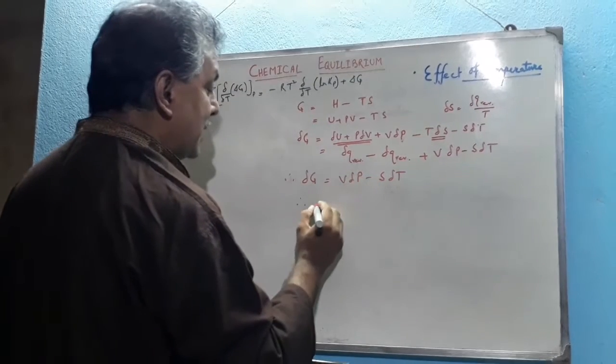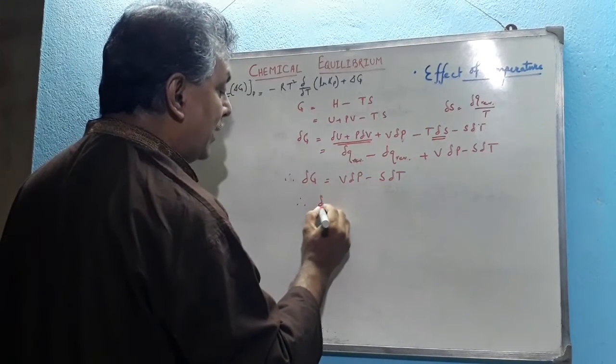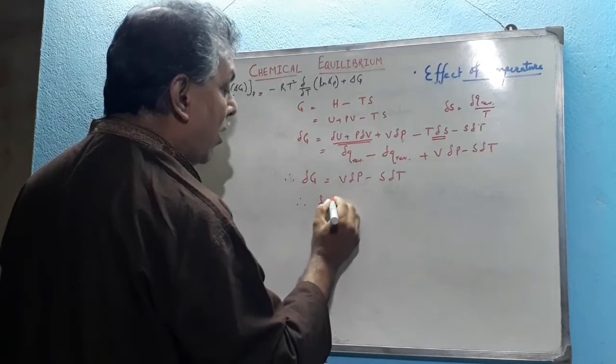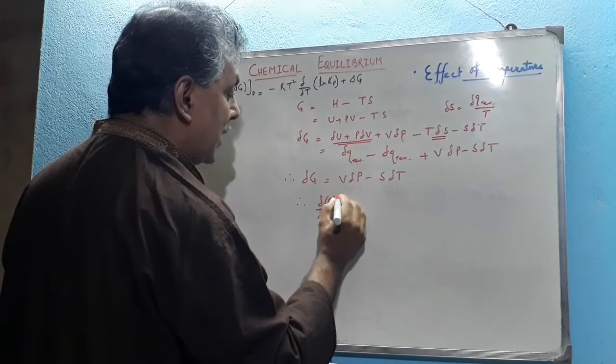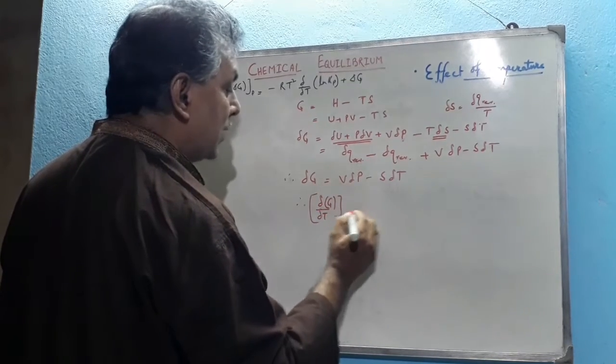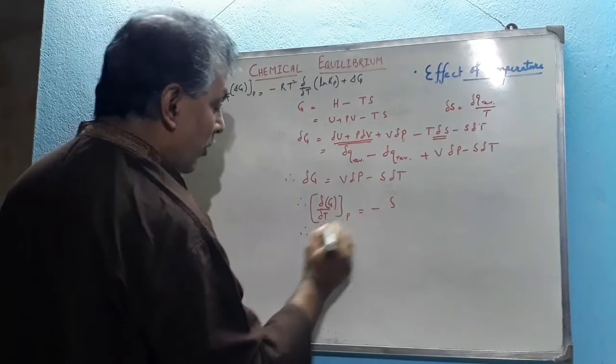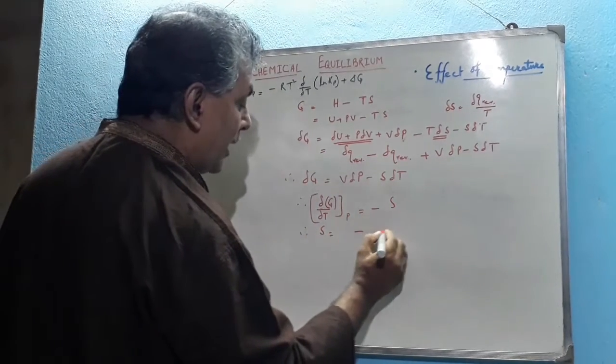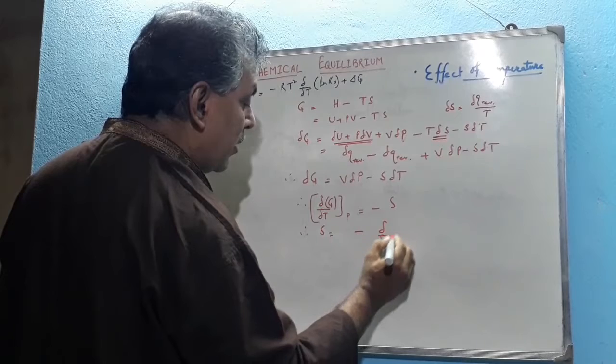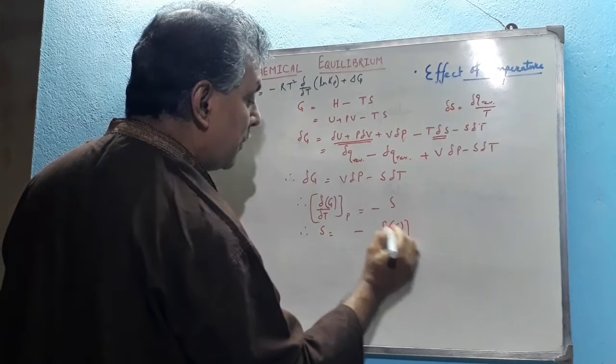Now if we express this at constant pressure, del T of G at constant pressure can be expressed as minus S. Therefore S equals minus del T of G at constant pressure.